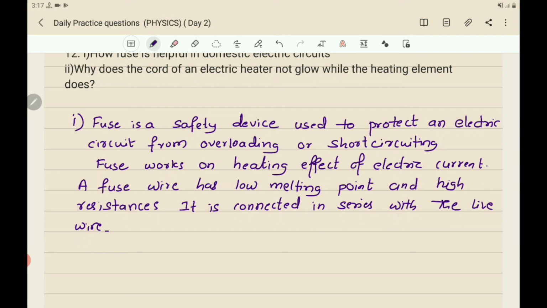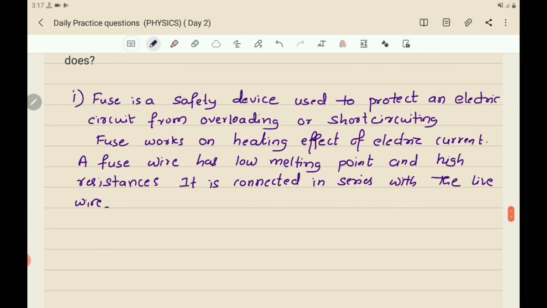When an excessive current flows through it, the wire melts and the circuit is broken.